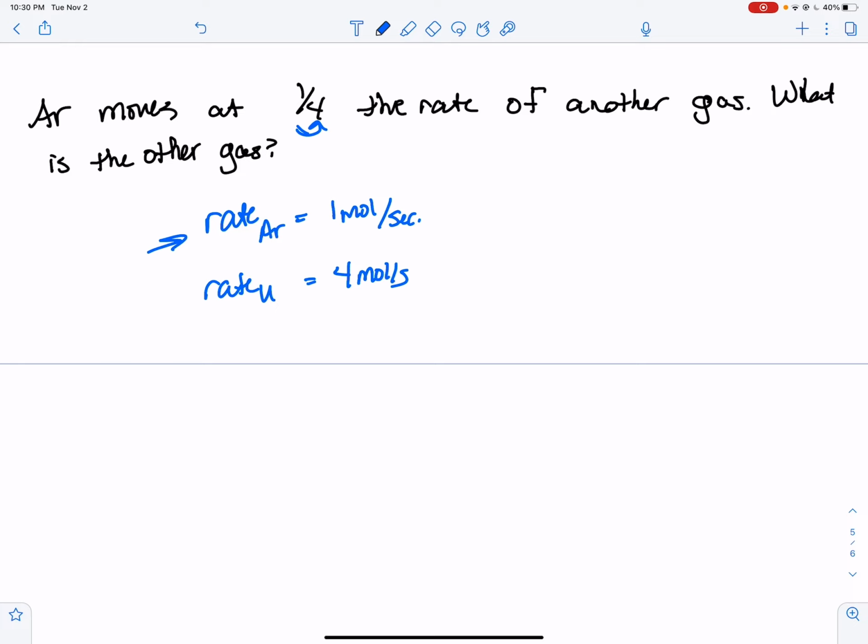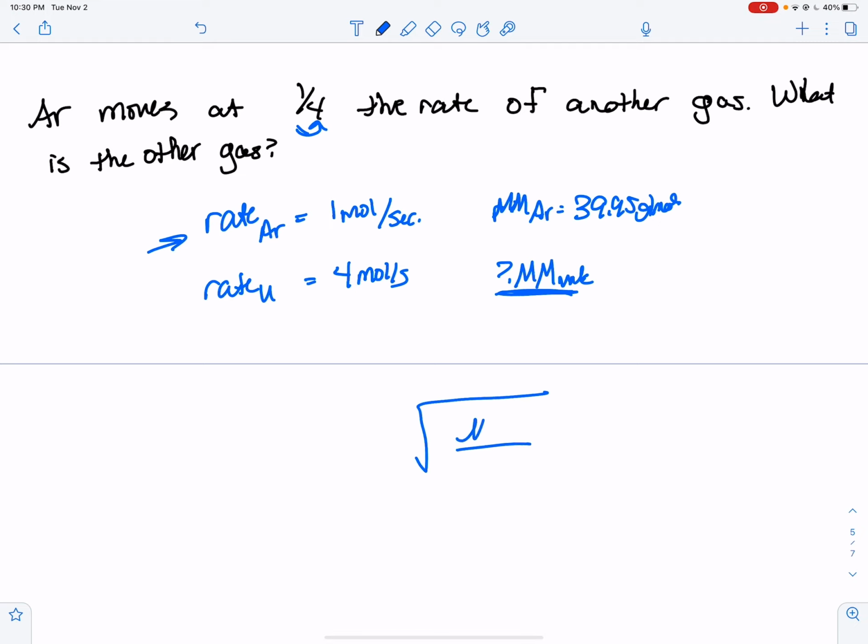So we know those two things. We also know the molar mass of argon because we've used it a few times, 39.95 grams per mole. So what we don't know is the molar mass of the unknown. So again, set that in the numerator. So when we set this up, our molar mass of unknown is going to go here. This is what we know, that's argon's.